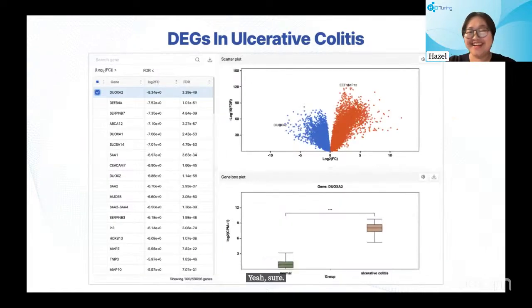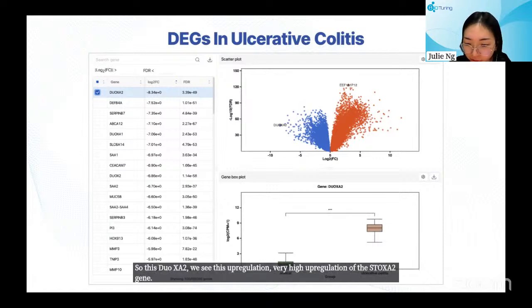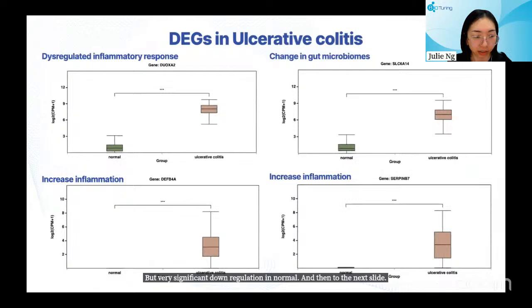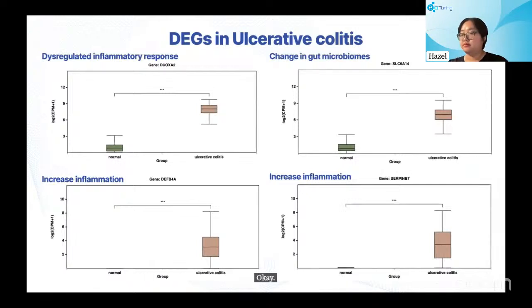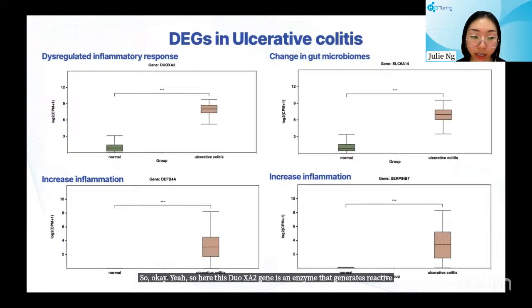So this DUOXA2, we see very high upregulation of this gene, but very significant downregulation in normal. And then to the next slide. Okay, sure. So this DUOXA2 gene is an enzyme that generates reactive oxygen species in the gut lumen.